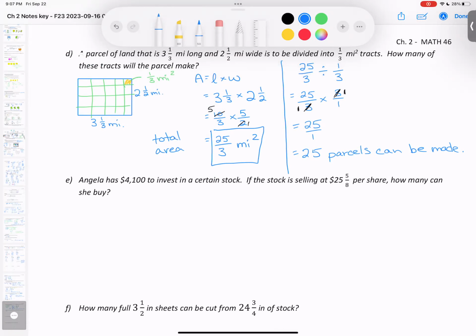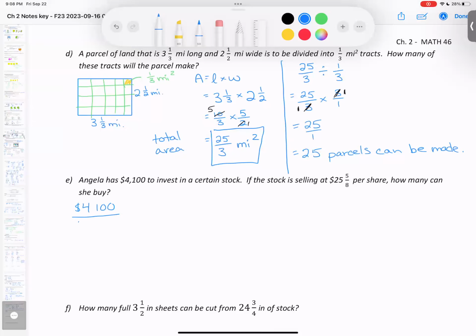So we're going to take the total and divide it by the amount we're trying to, well, it's not always the smaller amount. We're going to take our total and divide it by the amount of each piece. So here our total then is what? Our total is going to be our money, so $4,100 that Angela has.